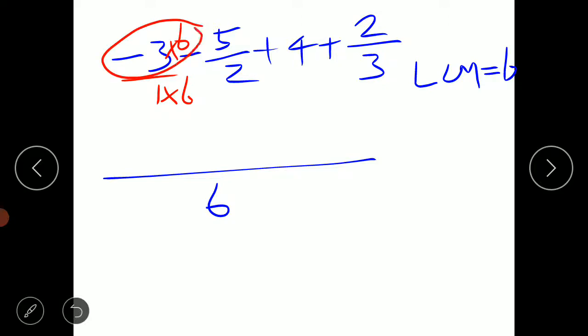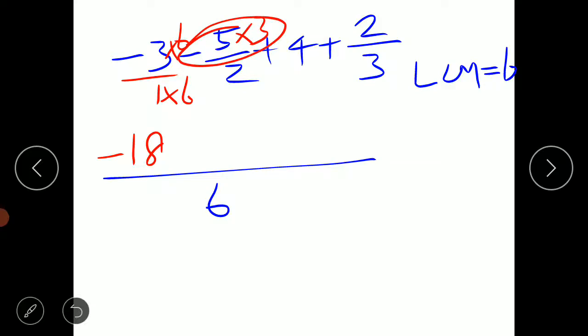So minus 3 into 6 minus 18. And here with 2 what to be multiplied to get the LCM 6? 3. So with the same factor 3, let's multiply the numerator also. So minus 5 into 3, sign very important.